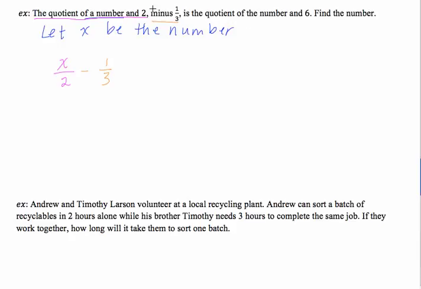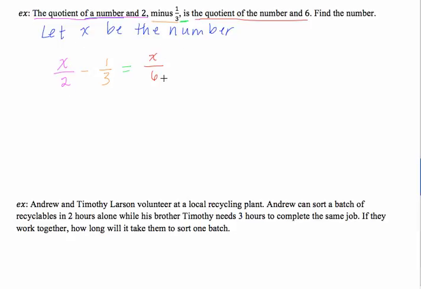Is means equals the quotient of the number and 6. That's the quotient of x and 6, so x divided by 6. So there it is. We've translated this sentence into an algebraic equation that we can solve.